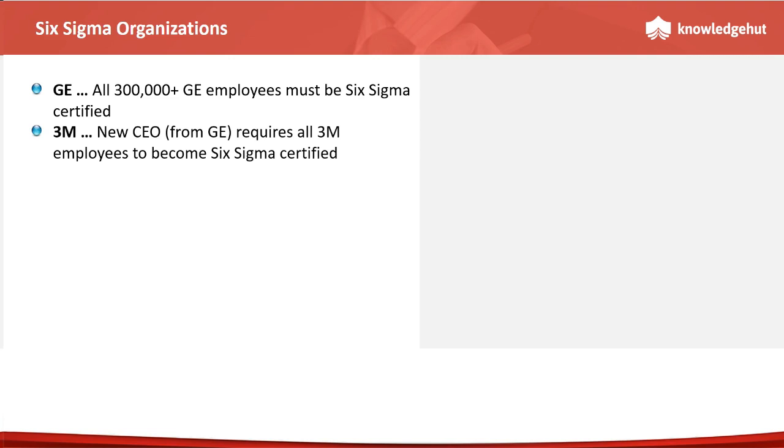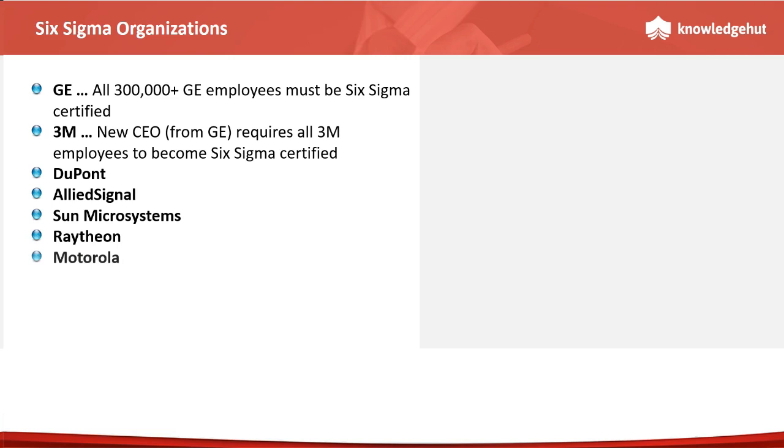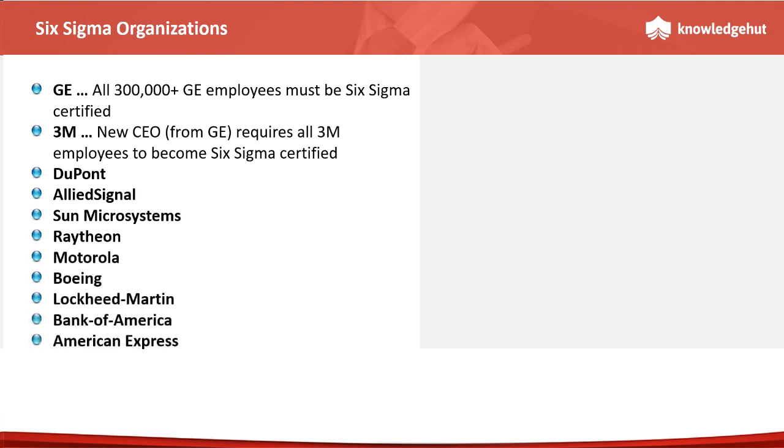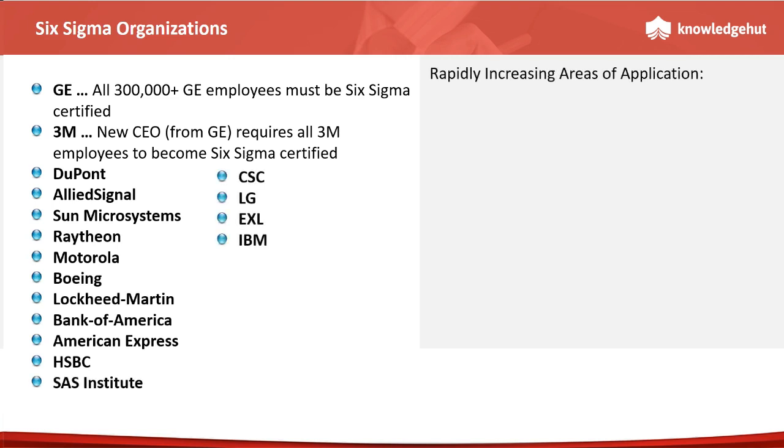The new CEO, who was Jack Welch from GE, requires all 3M employees to become Six Sigma certified. We have Six Sigma in DuPont, CSC, LG, Sun Microsystems, Honeywell, EXL, IBM, Motorola, Boeing. Talk about any company, and today we have Six Sigma in those companies in various organizations as well.